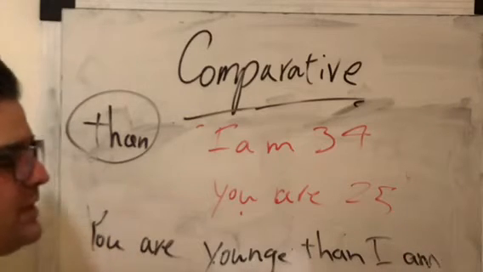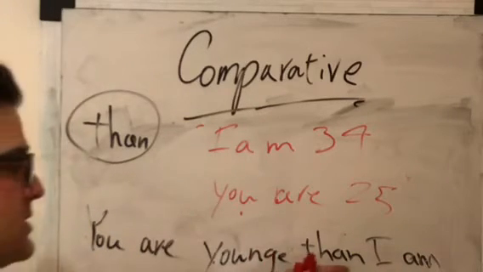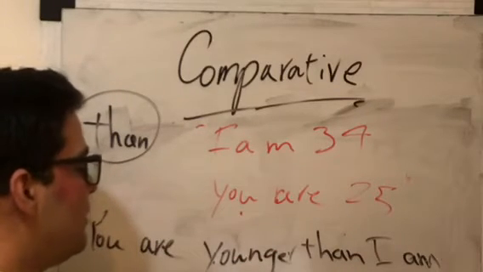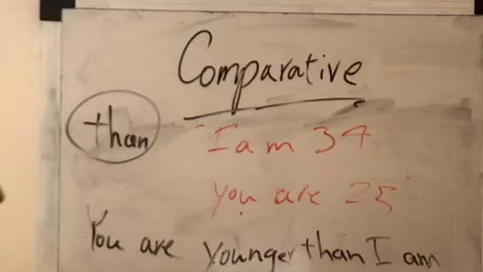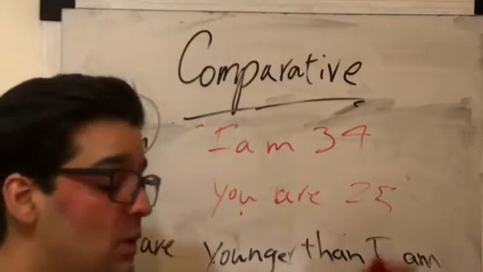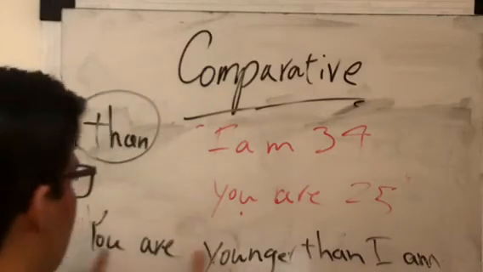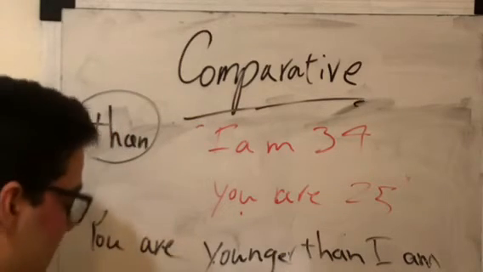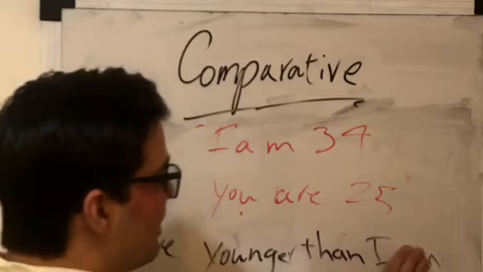It's very good grammatically, okay, if you say something like this, than I am. So here, younger is a comparative adjective. You can use than when you want to compare two ages. Here, I am. Or for example, you can say older than I.